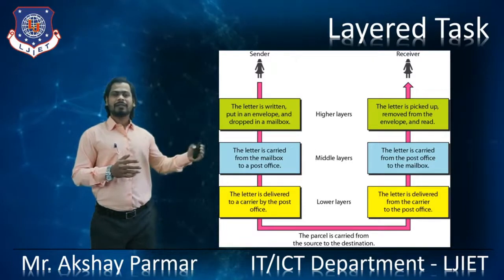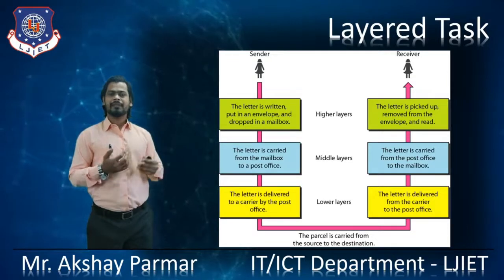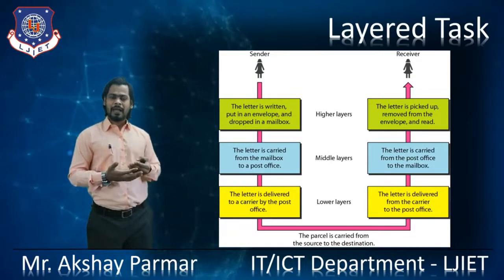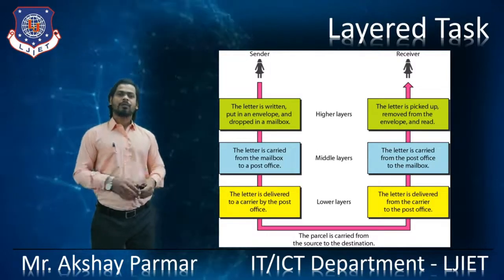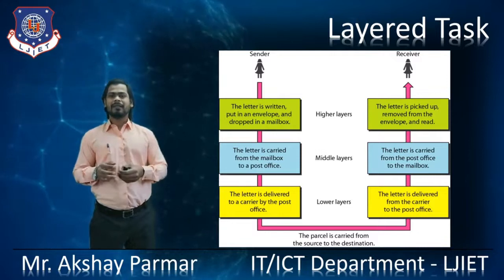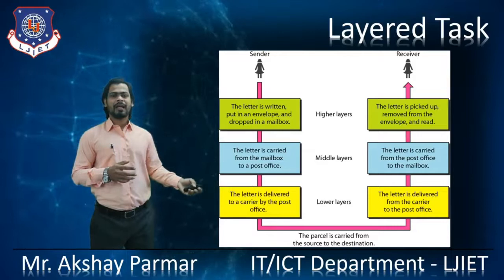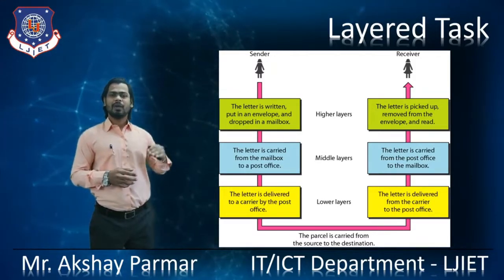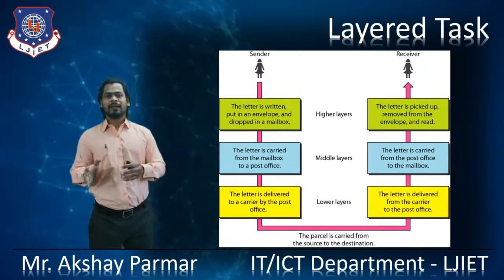This can be done by road, by air, or it can be delivered by ship or anything, right? So the parcel can be carried from source to destination in any transmission media. So this is how the higher layer, middle layer, and the lower layer work at the sender side.